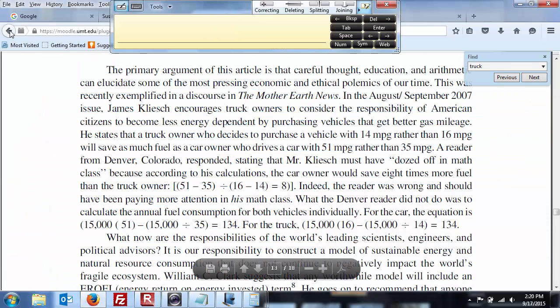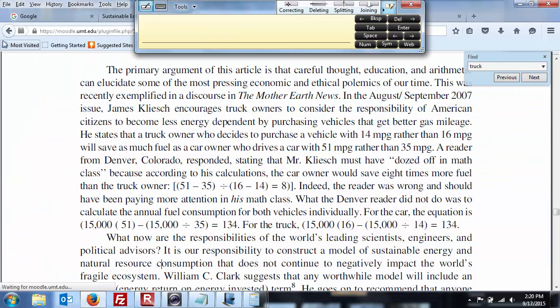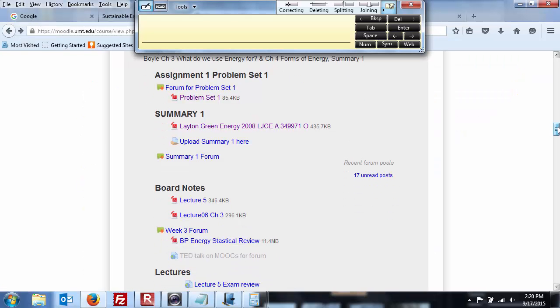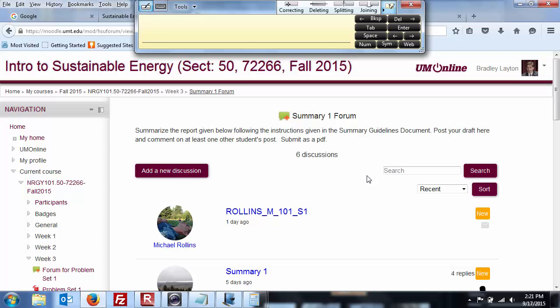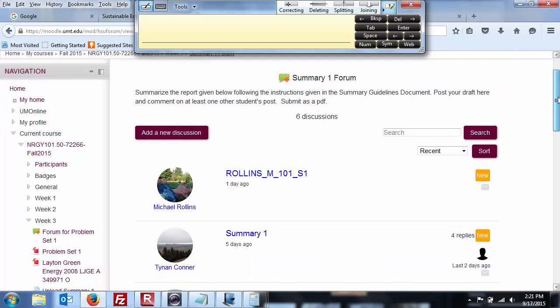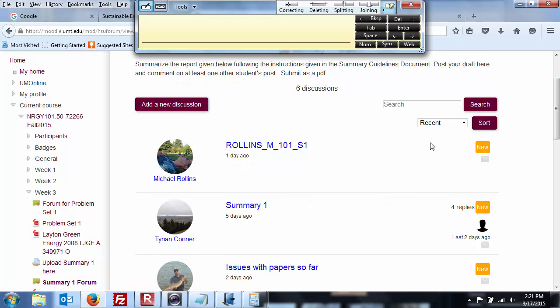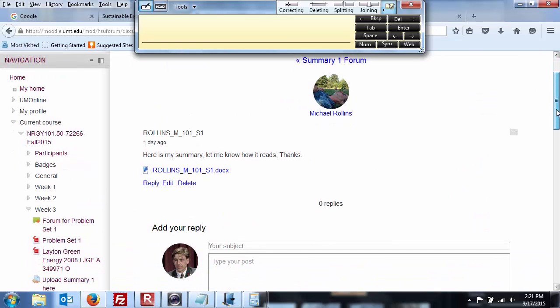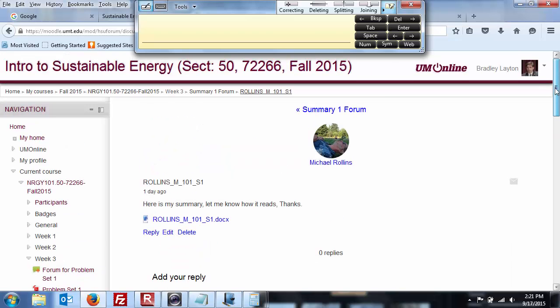The peer review looks really good, and you guys are giving each other good feedback. Make sure you're giving each other feedback both on the information involved in the summary, the body, the meat and potatoes of the summary. You're doing a pretty good job of that as far as writing style and what kind of information is involved. But at the same time, get into the technical side as well. Brad drew up on the board the other day what the summary is supposed to look like, what the format is supposed to look like.